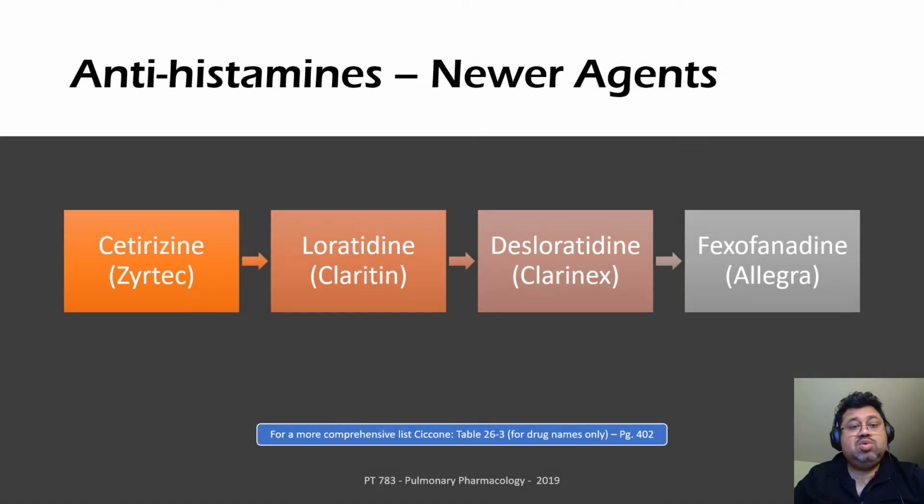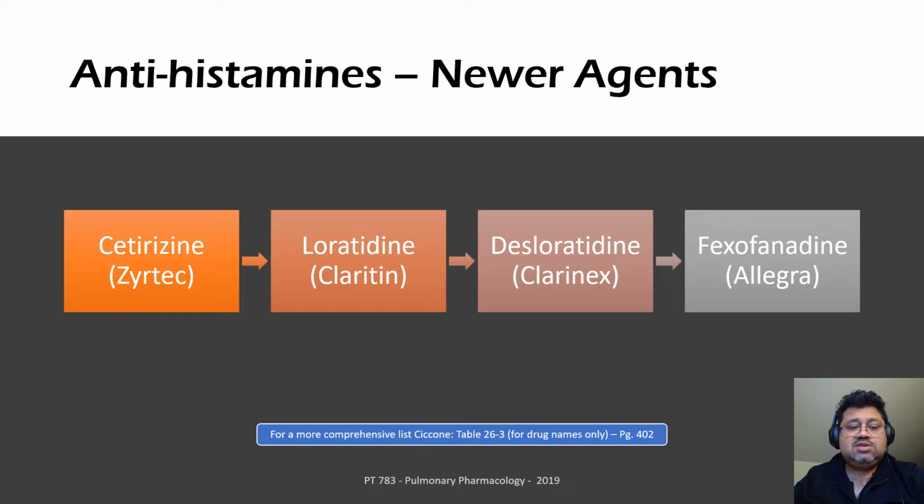Now, there are newer antihistamines in the market, and these antihistamines have the property of less sedation, less drowsiness. Regardless, it still is important to remember that it may cause sedation and drowsiness, just not to the extent that the first generations used to.